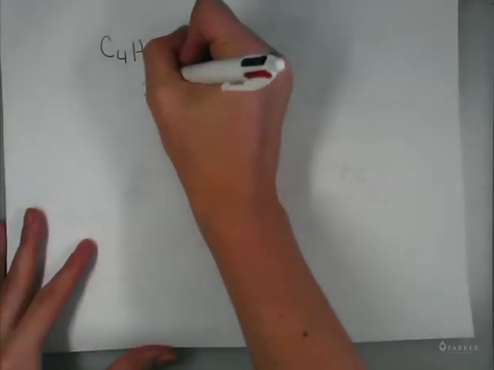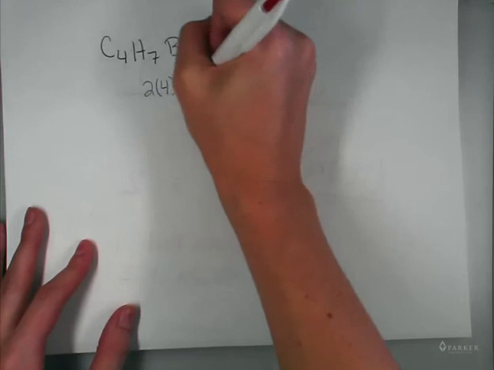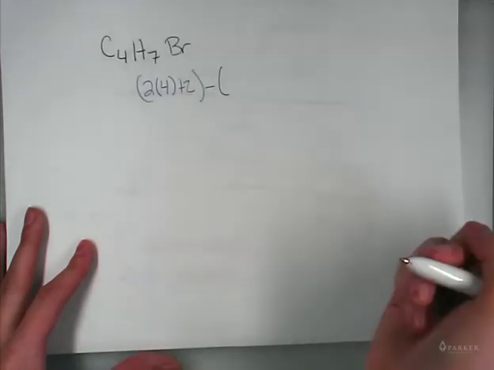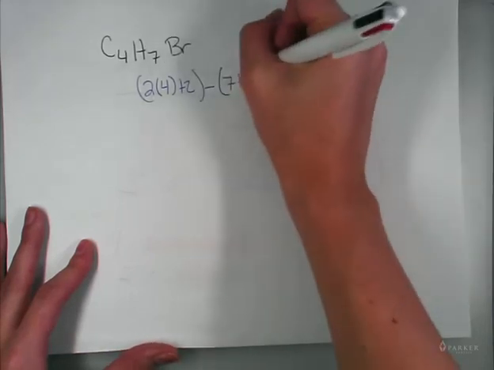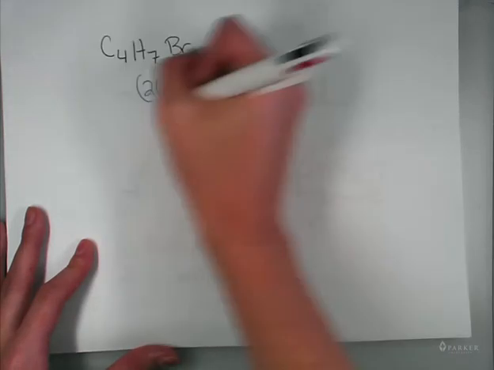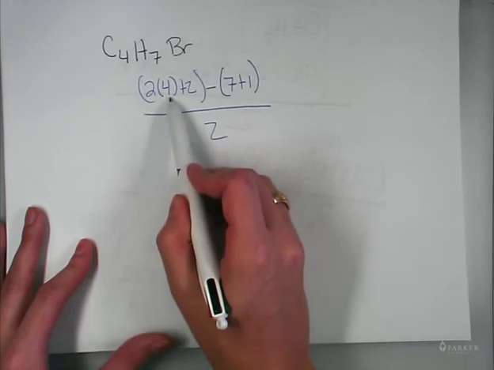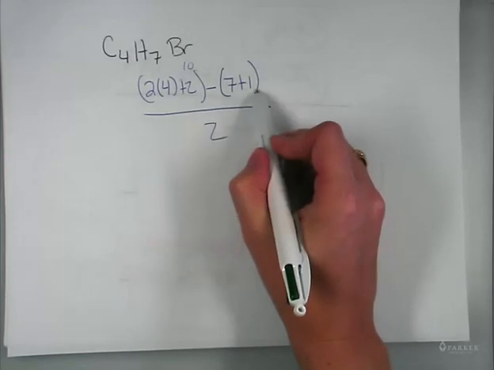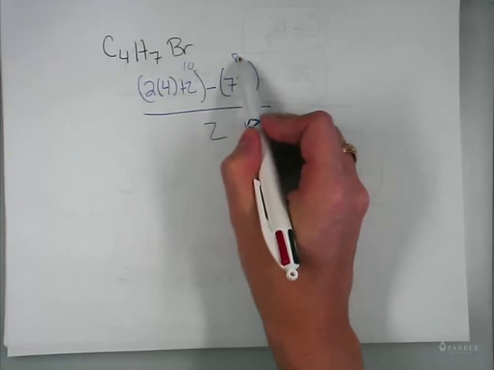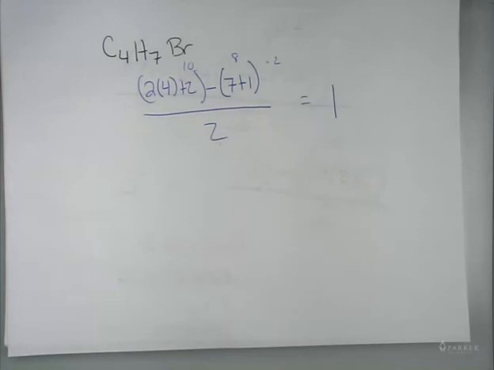I have 2 times how many carbons? 4, plus 2, minus how many hydrogens? 7, plus how many halogens? 1. Nitrogens? 0. Okay, 2 times 4, 8, plus 2, 10. 7 plus 1, 8. 10 minus 8, 2. 2 divided by 2, 1. So I have 1 degree of unsaturation.